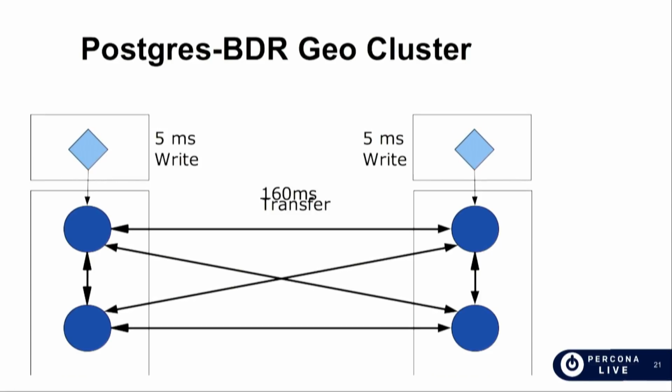And BDR3 is the shiny new architecture of all of the things that we learned in the last 4 years of using it in production. There are quite a few changes in the way the underlying architecture works, primarily around availability and performance. A re-architecting of the code along the way as well.